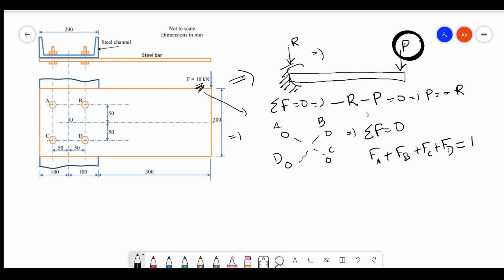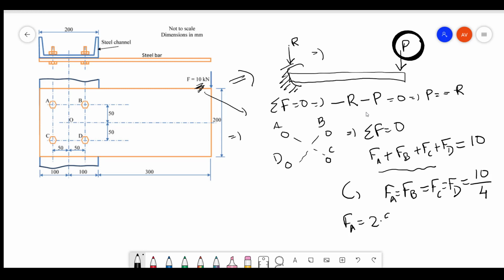Instead of P you have 10 kilonewton, and all these are identical. So FA is equal to FB is equal to FC is equal to FD, which is 10 by 4, that is 2.5 kilonewton.